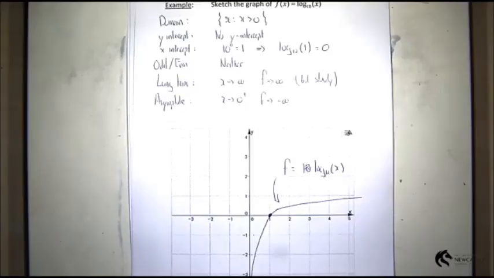Now, from our index laws, we have p is b to the m plus n. That is b to the m times b to the n. That's one of our laws of indices, yes? b to the m is just x, b to the n is just y.